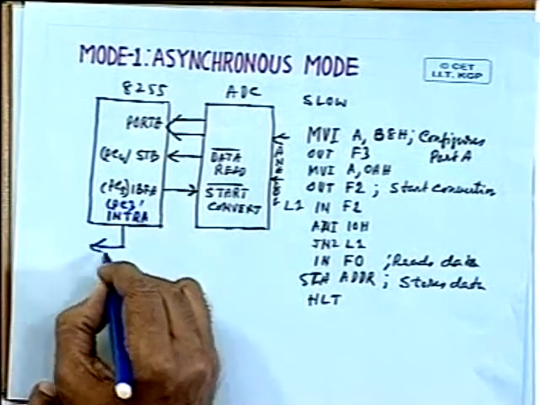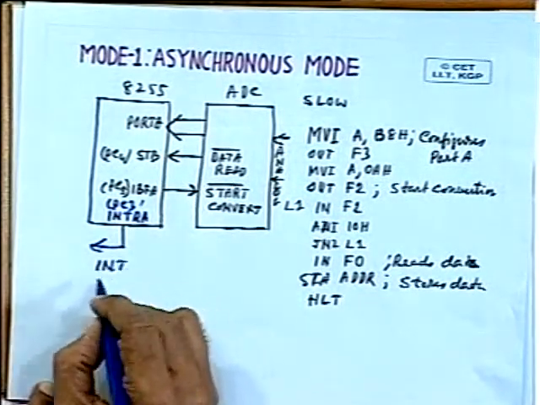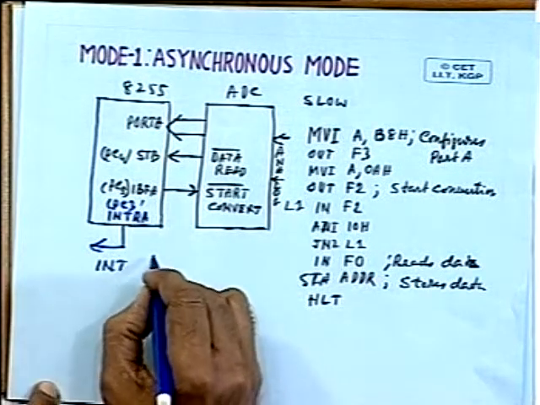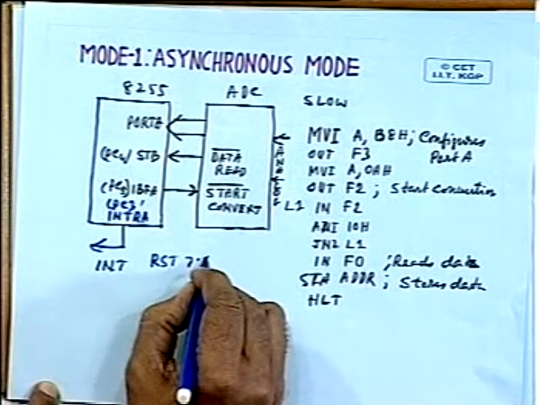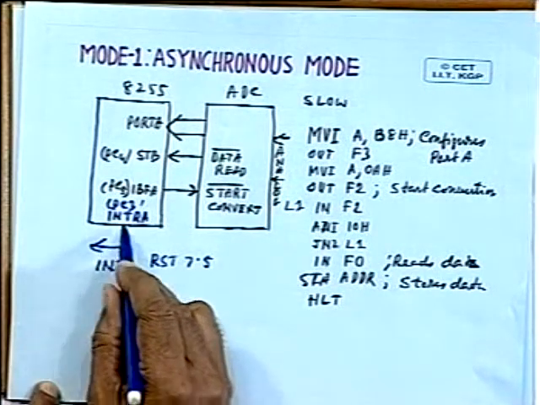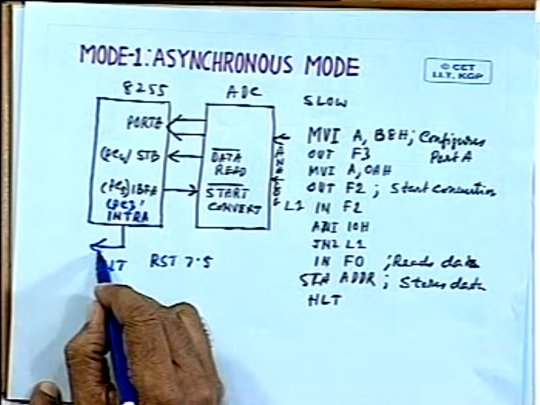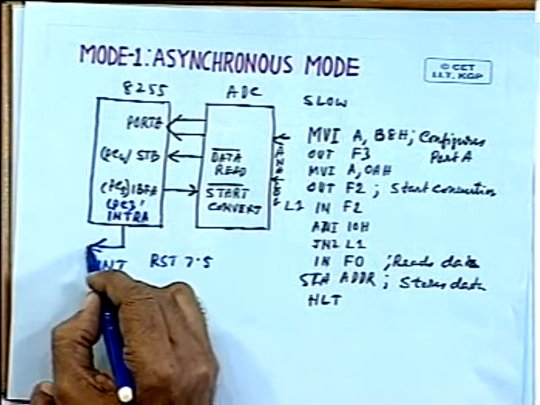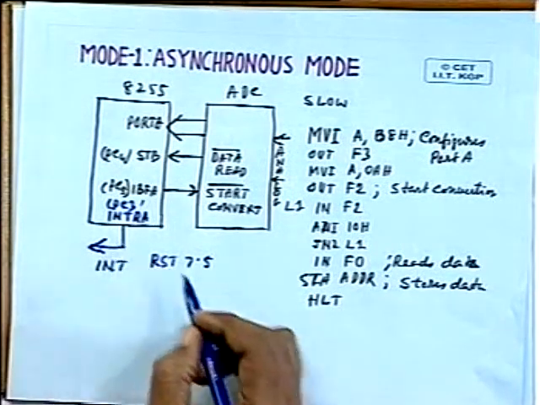That has to be connected to the interrupt input of a microprocessor. Let this interrupt input be RST 7.5. So, let it go to RST 7.5 which is the interrupt input of the microprocessor, and with this modification in hardware, or it can be already there, we can use the interrupt driven mode.